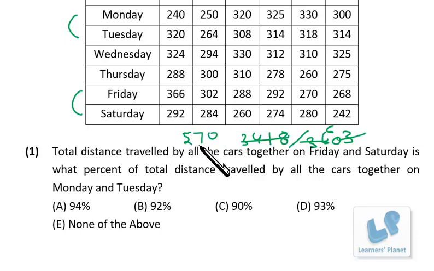So 570 by 6. So basically I have approximated it to higher side. So 570 by 6 is 95%, right? 95%, but since its approximation is towards higher side, actual value will be bit less than 95%, so we can take it as 94%, right? So that's pretty simple.